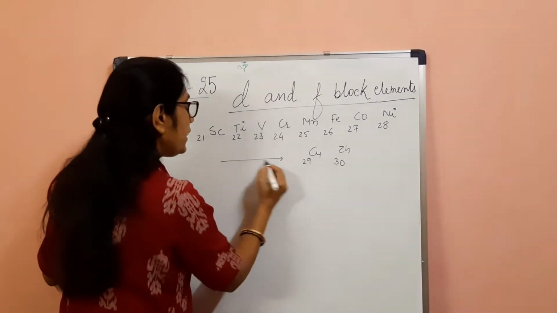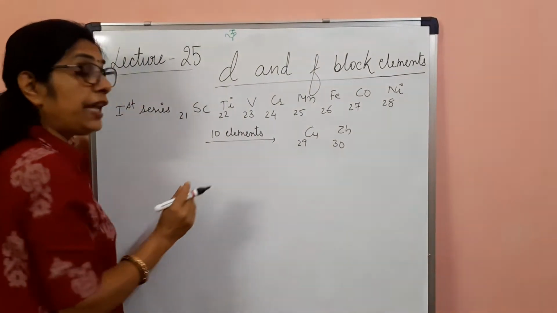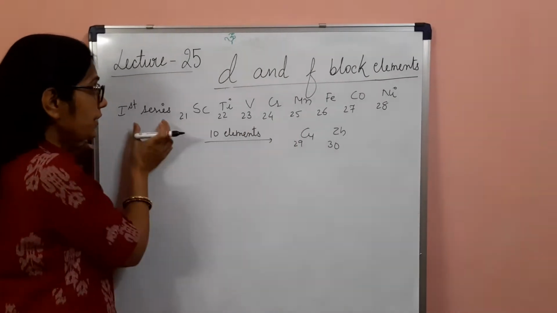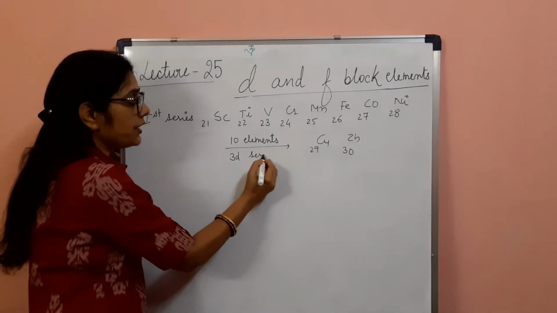So altogether there are 10 elements, and this first transition series is known as 3D transition series.